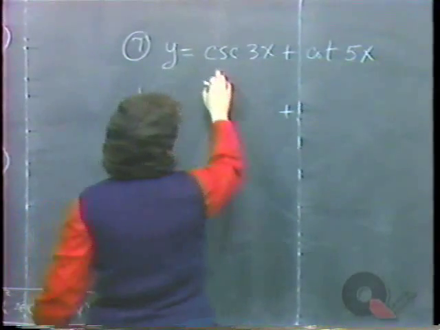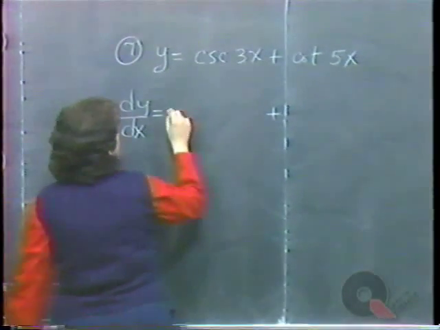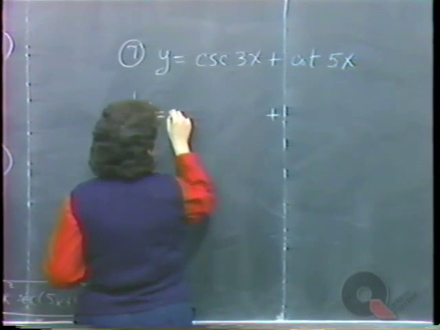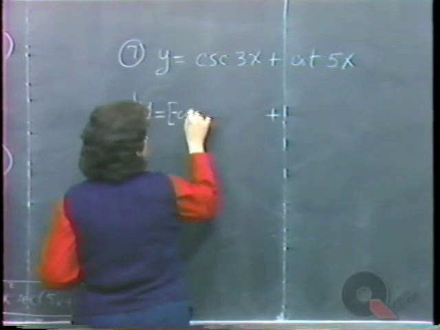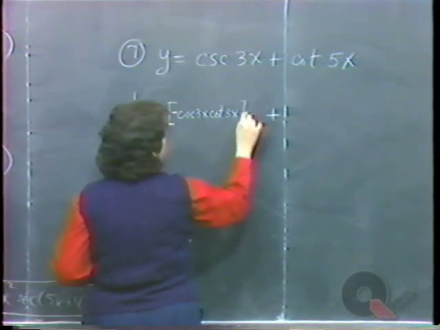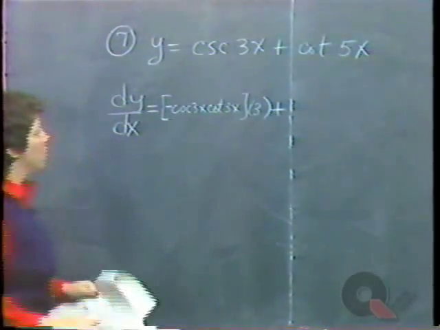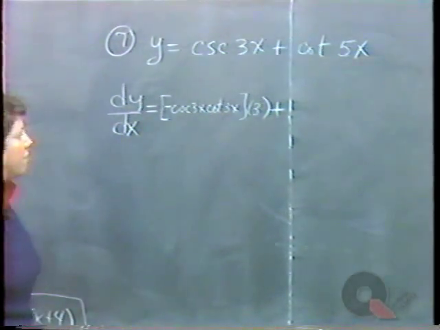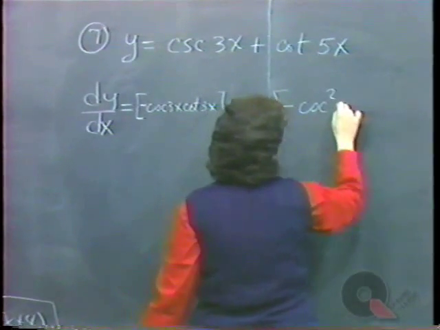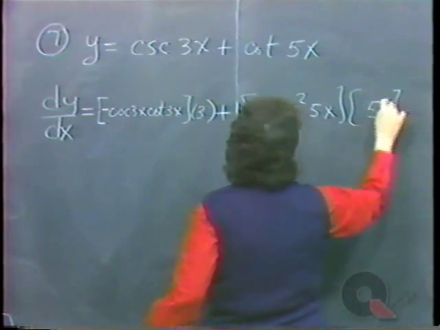The derivative of cosecant of 3x is going to be minus cosecant of 3x times cotangent of 3x times the derivative of 3x, which is 3, plus the derivative of cotangent of 5x, which is minus cosecant squared of 5x times the derivative of 5x, which is 5.